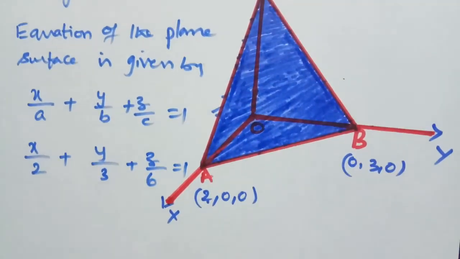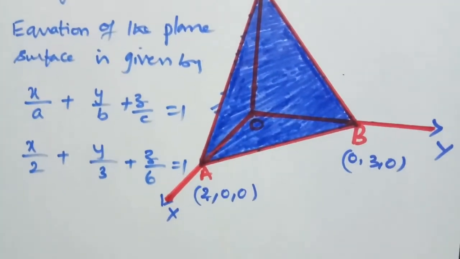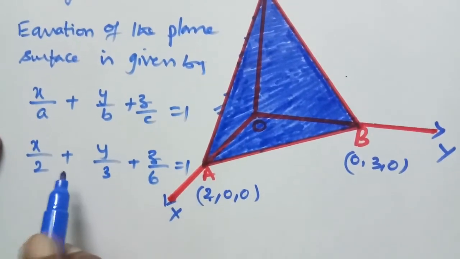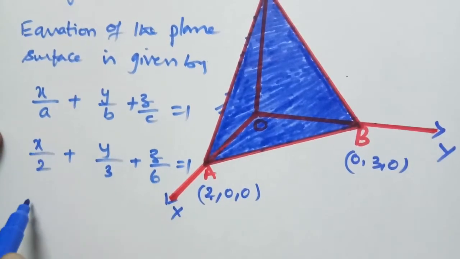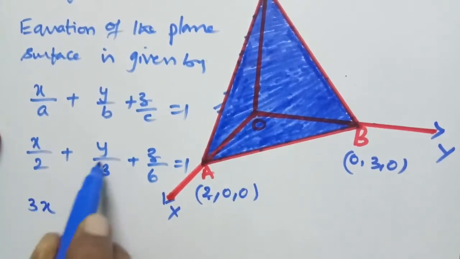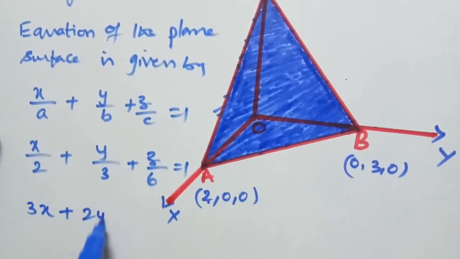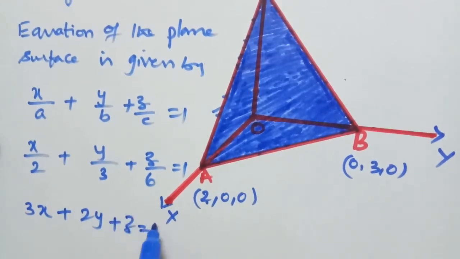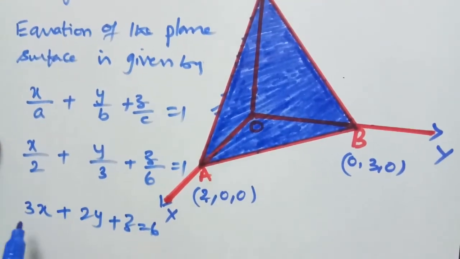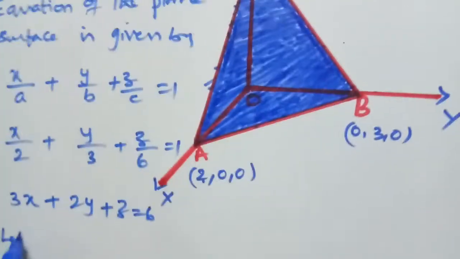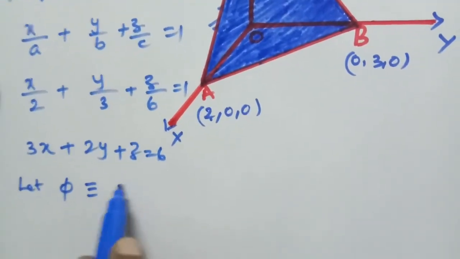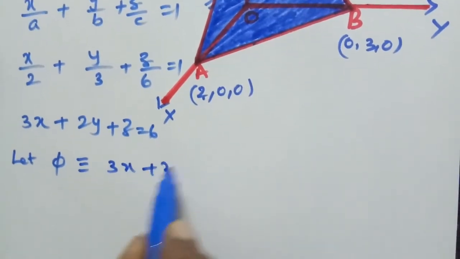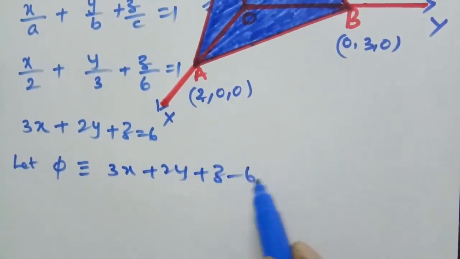Therefore, by simplifying, taking the LCM 6, this becomes 3x plus 2y plus z equal to 6. Therefore, let phi be 3x plus 2y plus z minus 6 equal to 0.